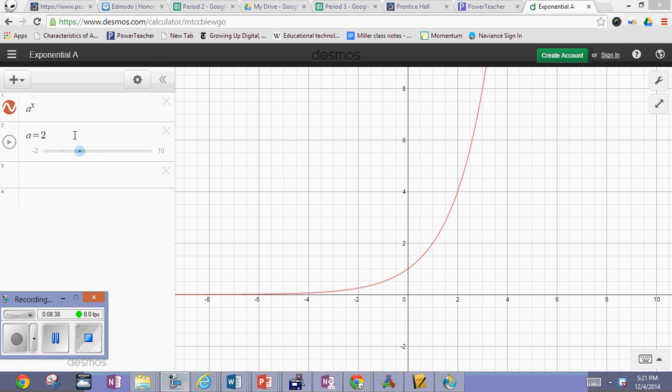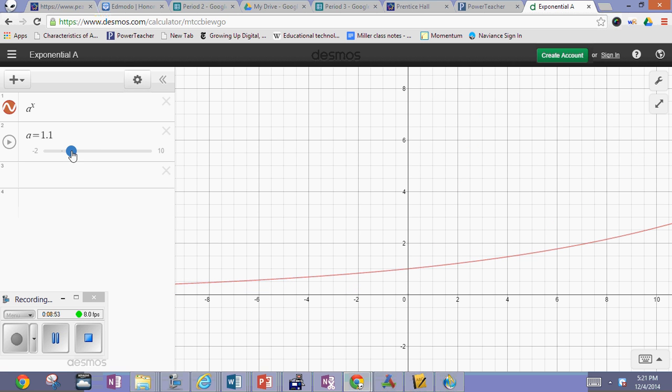Okay, so now we're back to our Desmos graphs, and of course what we were looking at were exponential growth. Now I'm going to alter this and look at what happens when the base is between 0 and 1. And here you can see that it is the graphs the likes of which we just looked at.